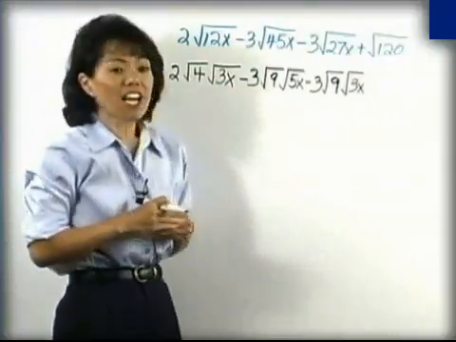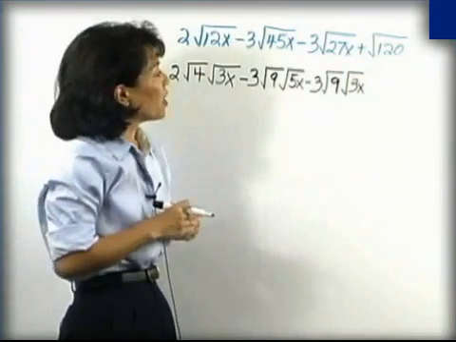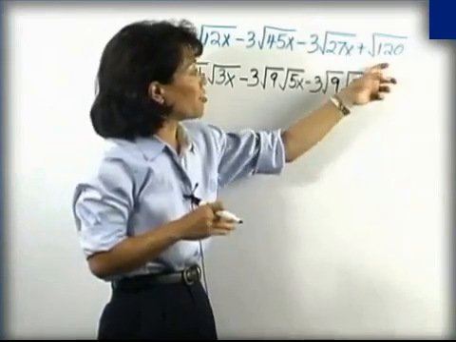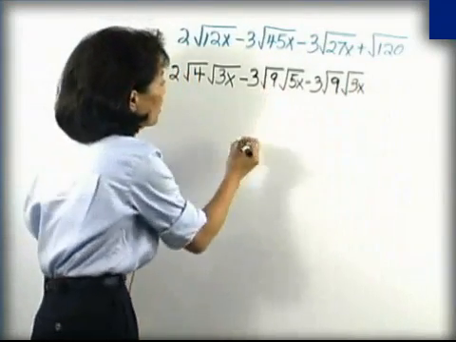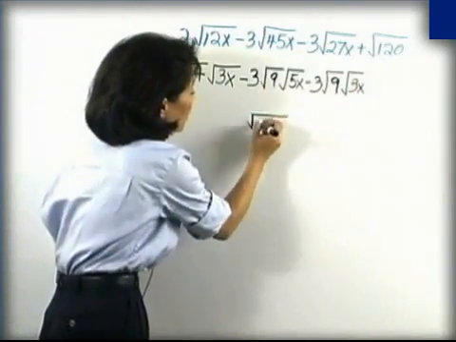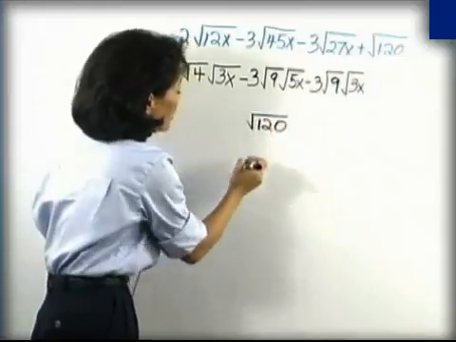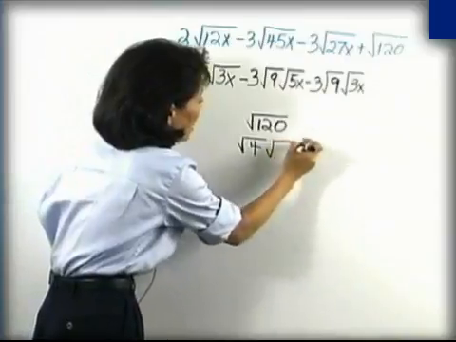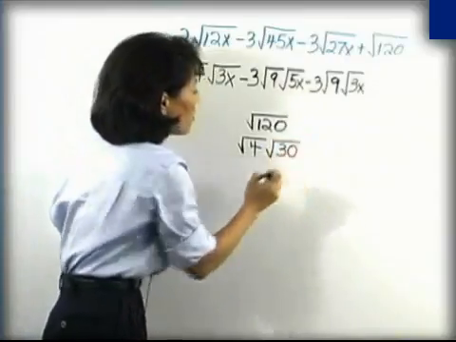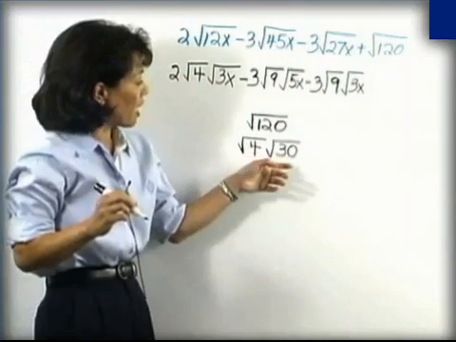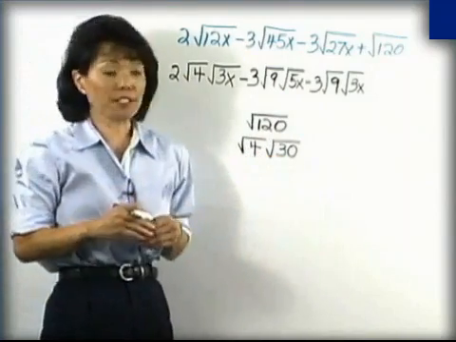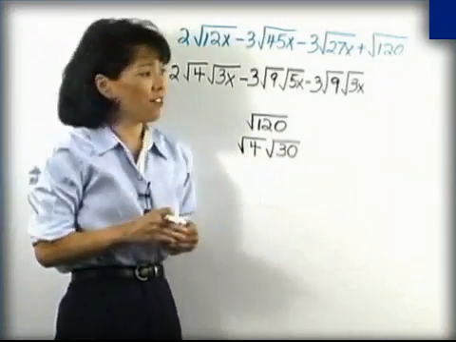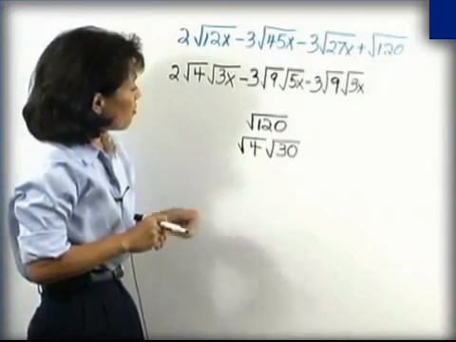Well, right off the top of my head, I can think of a perfect square, 4. 4 goes into 120, so we're going to take this as a separate problem here. If we break 120 into 4 times 30, does that work? 4 times 30 is 120. The square root of 4 is 2, so it's going to simplify down to 2 square root of 30.